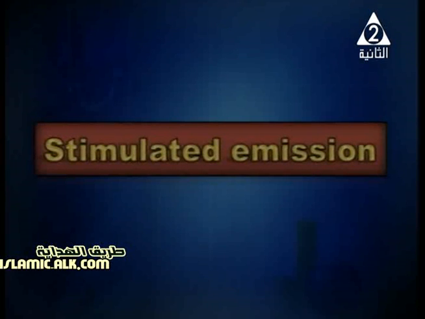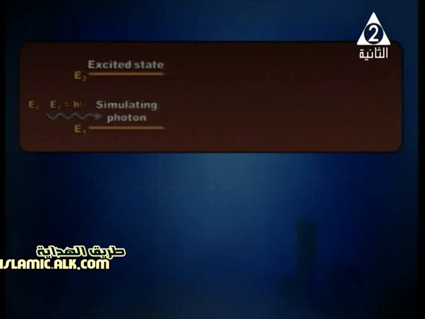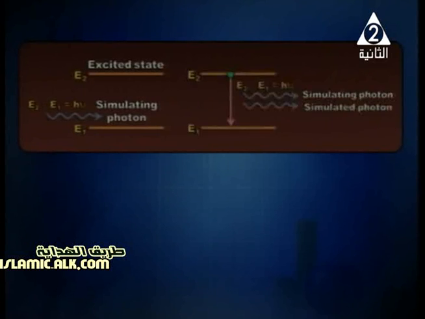And what about the second type of emission, which gives laser? It is stimulated emission. In front of you we've got an atom which is already excited. The electron was excited, and a stimulating photon passes by the excited atom. What happens?